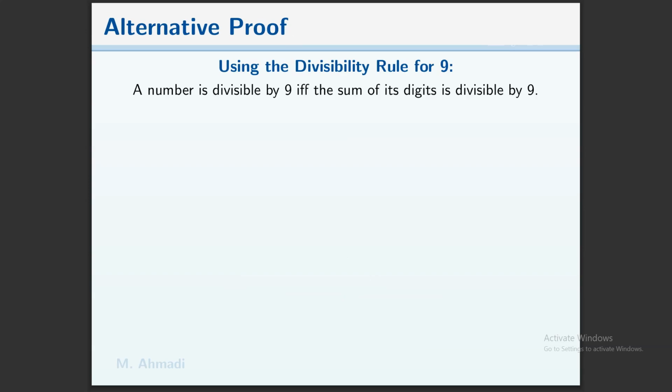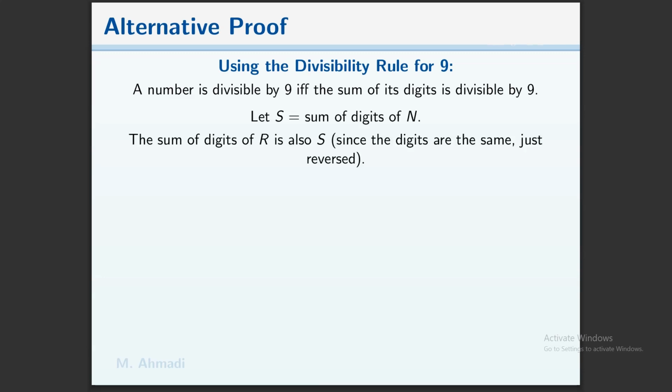Also, there is another simple proof using the divisibility rule for 9. A number is divisible by 9 if the sum of its digits is divisible by 9. Let S be the sum of the digits of n. The sum of the digits of r is also S, since the digits are the same, just the order is reversed.